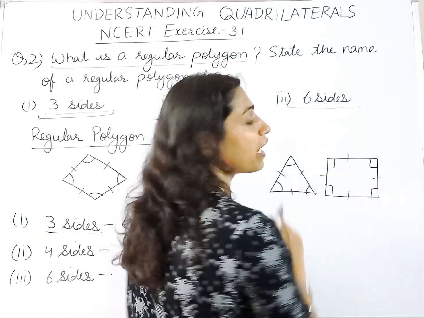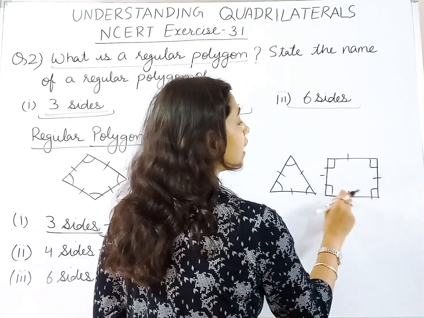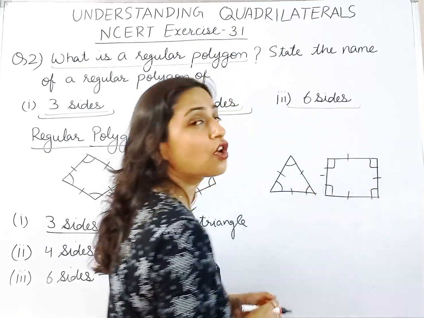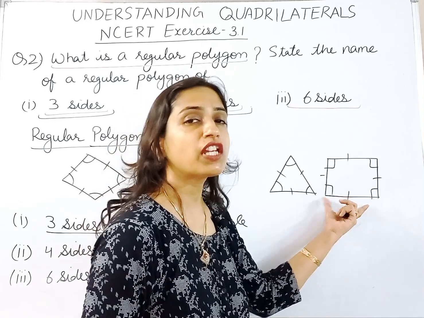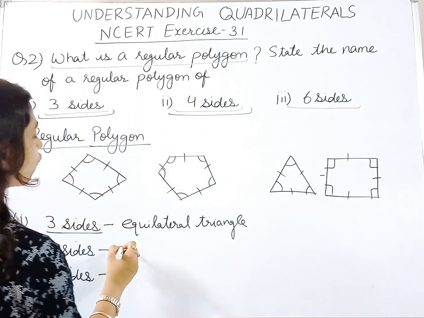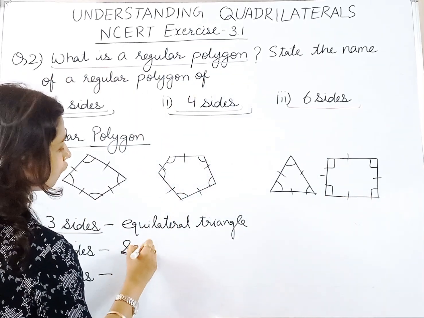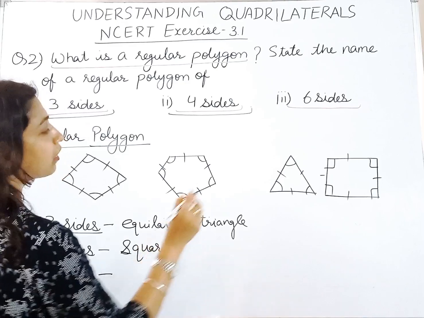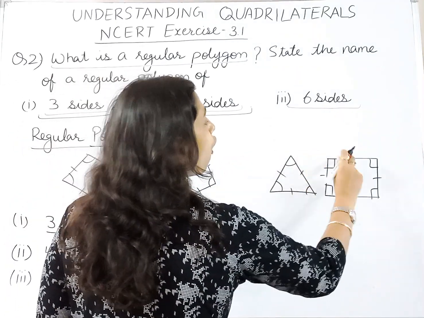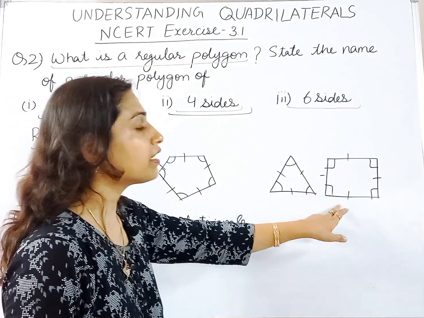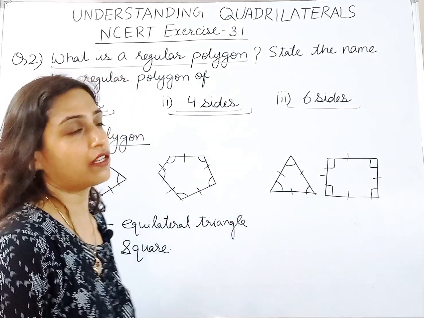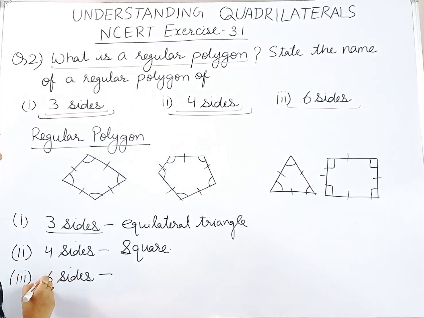If in a 4-sided figure all the sides and all the angles are equal, then this figure is known as a square. We know that in a quadrilateral, if all the sides and all the angles are the same, then it is known as a square.